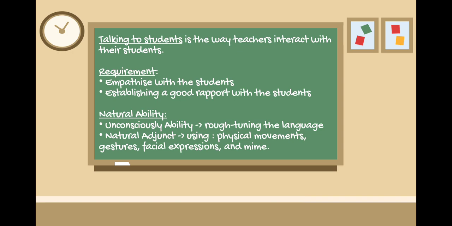The first one is an unconscious ability that is commonly used by teachers, which is rough-tuning the language. The ability is the way to make teachers be more understood. In order to be successful at rough tuning, all teachers have to do is speak at a level which is more or less appropriate.